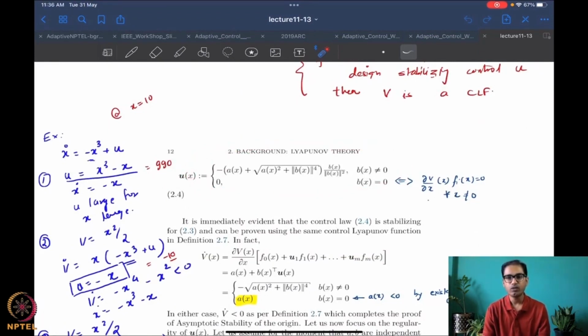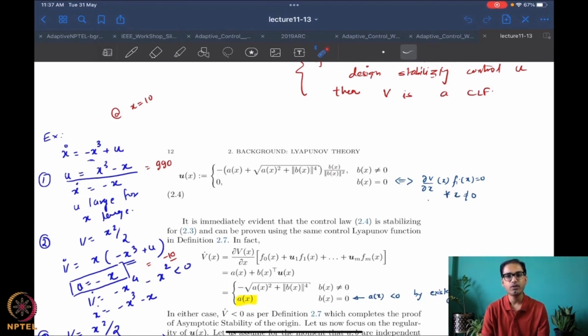And the other way around, which is also very important for us to understand, because that's what we've been doing in the past, is that if you choose a V which is positive definite, and smooth, and all that, and then you take the derivative, and you are able to come up with a control law such that this V becomes negative definite, then this automatically also means that the V function that we chose to begin with was a control Lyapunov function.